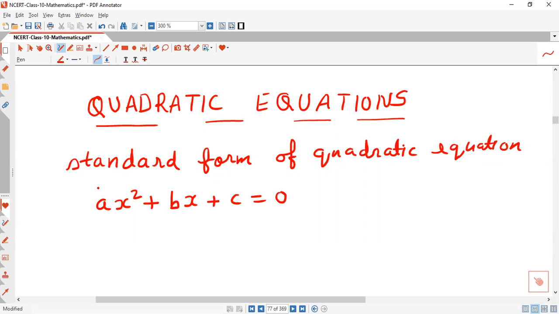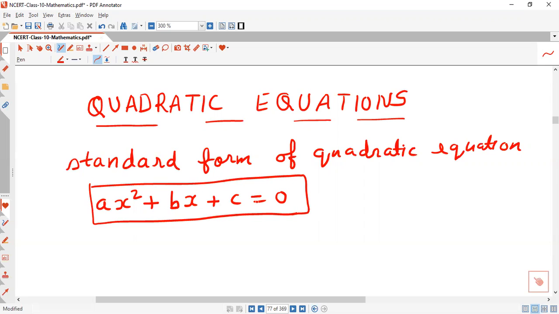This is the standard form of the quadratic equation: ax square plus bx plus c equal to 0.